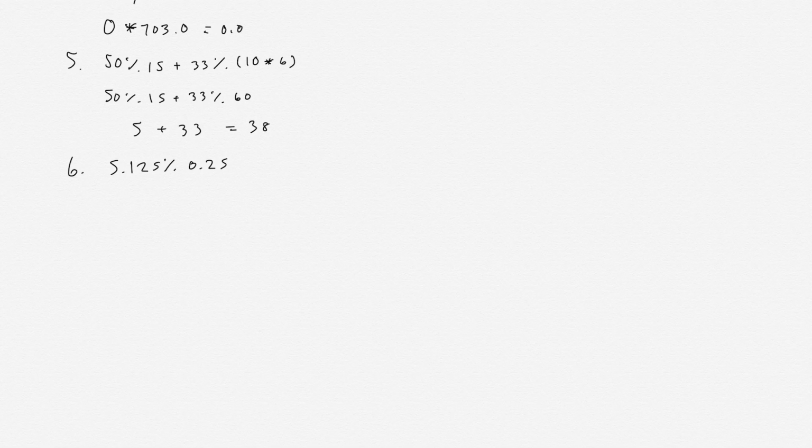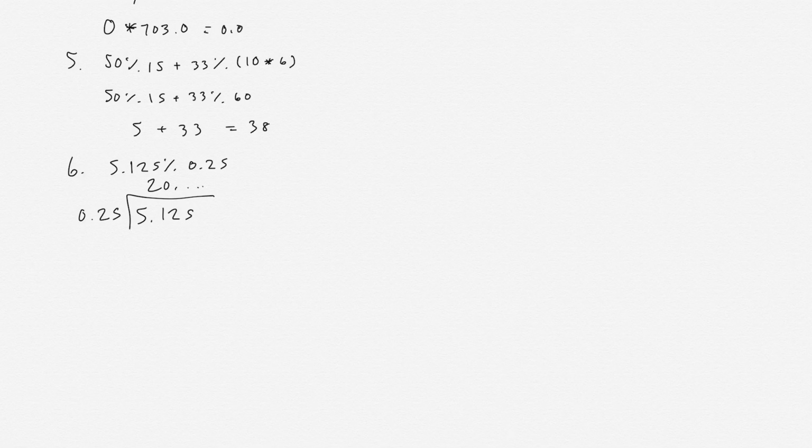So if you do this, you'll find 5.125 divided by 0.25 equals about 20 point something, right? Then 20 divided by 4 will get you 5, right?